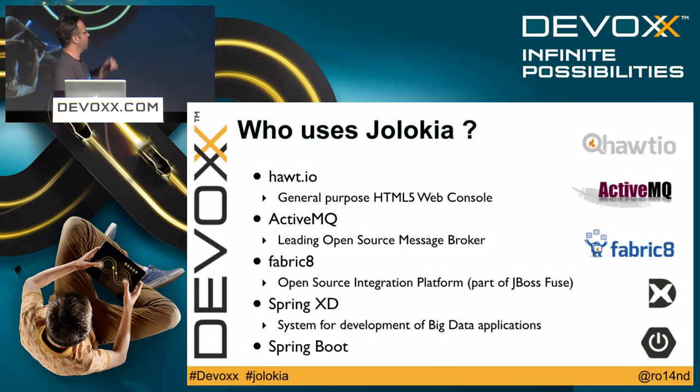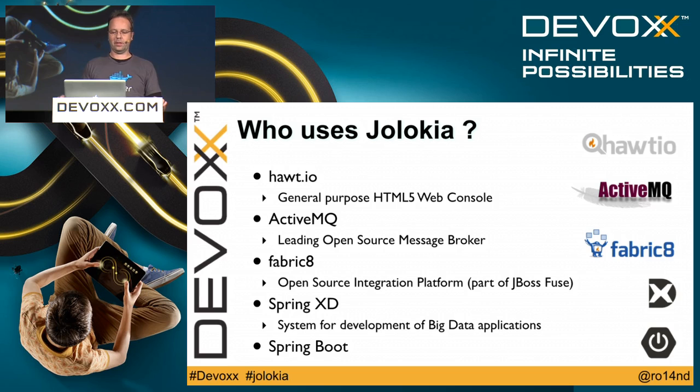Okay, here's a short list of all the products which use Jolokia. Jolokia itself is now 4 years old, and one of the prominent ones is hawt.io. It's an AngularJS-based HTML5 console, and if you never tried it yet, I highly recommend trying this one out, because it has tons of plugins for various backend systems. You can visualize your Camel routes and so forth.